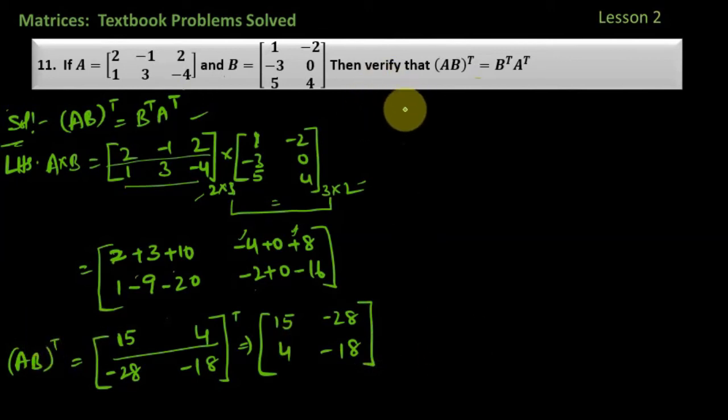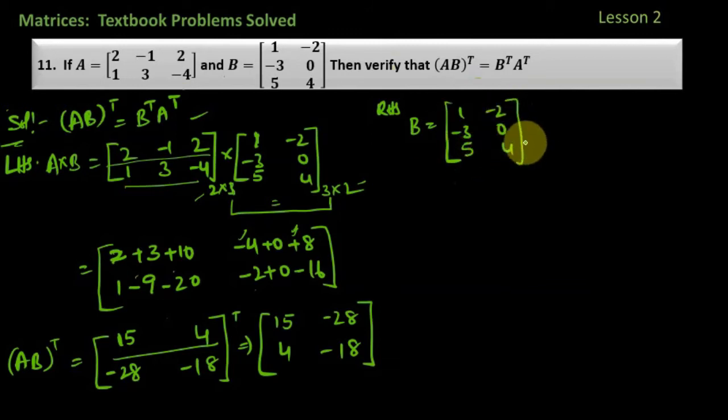Okay. Now we will find the RHS side. On the RHS side, first we should find B transpose. So what is B here? Matrix B is 1 minus 2 minus 3 and 0, then 5 4.